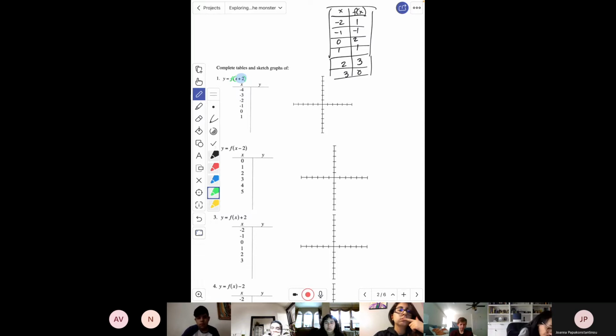Okay, so if I added 2, right? So this is my original x, and this is key because this is what we're going to do with a lot of different options, a lot of transformations. I know what the y is when x is -2. If I add 2 to this x, my new x is going to be what?